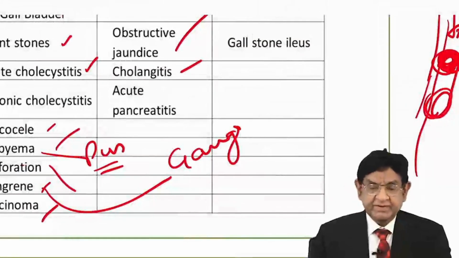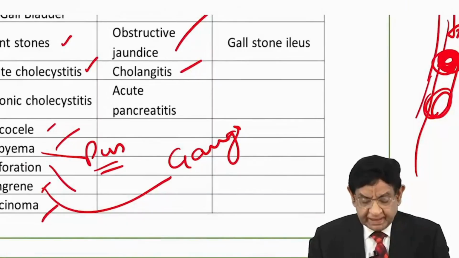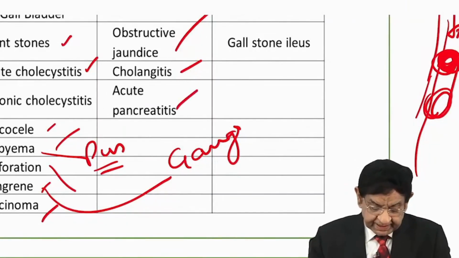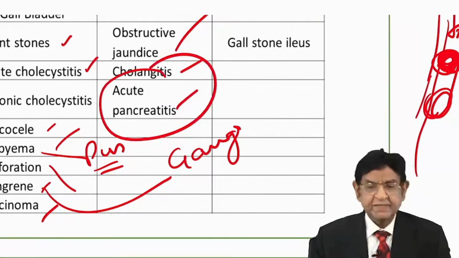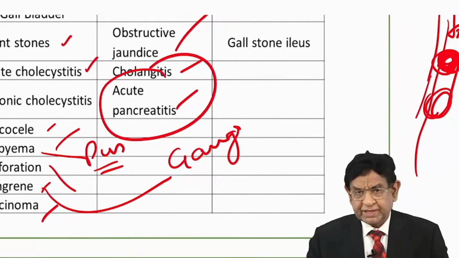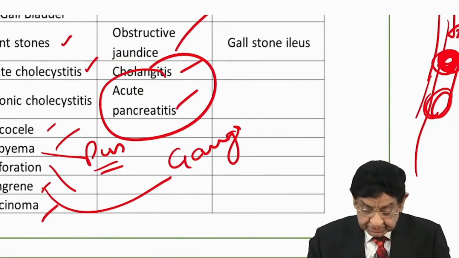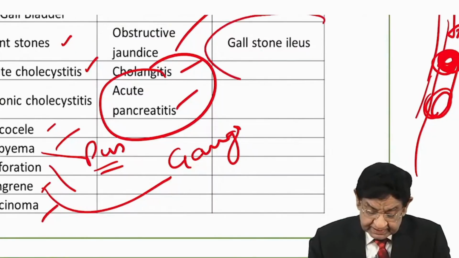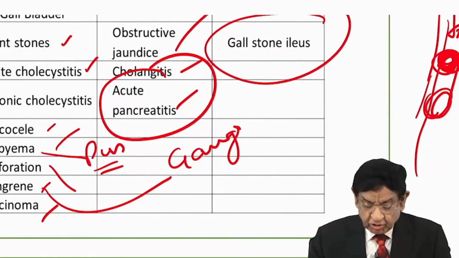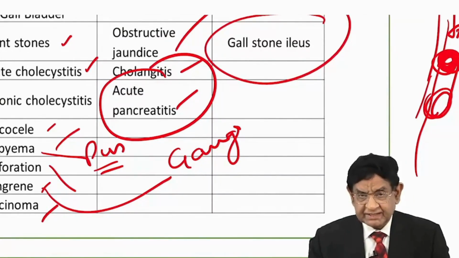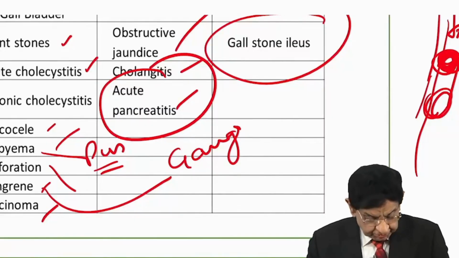Cholangitis, there may be infection or inflammation of the common bile duct, and it can even lead to acute pancreatitis. Remember, the two important causes of acute pancreatitis: one is alcohol and the other is gallbladder stones. And in the intestine, it can even lead to gallstone ileus, about which I am going to talk soon.